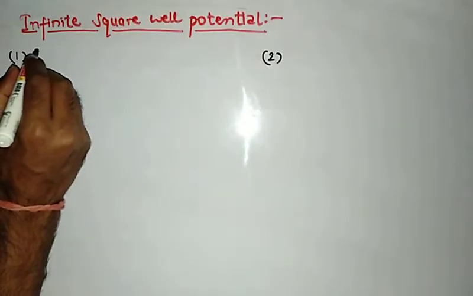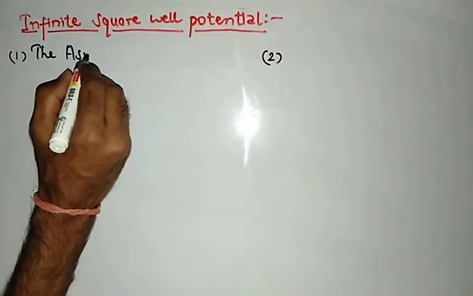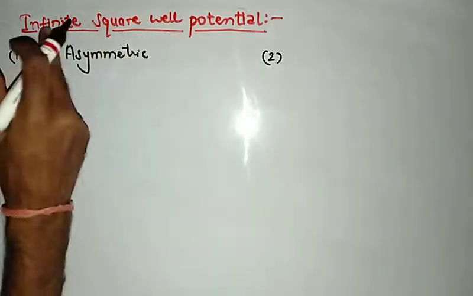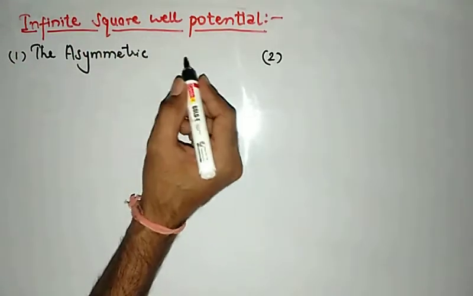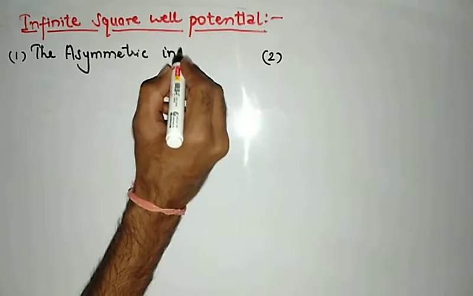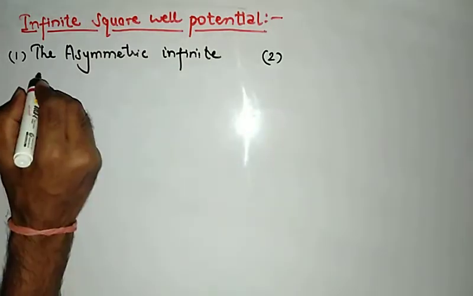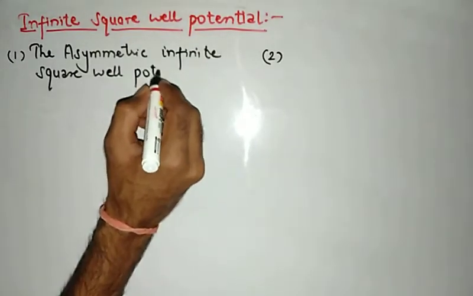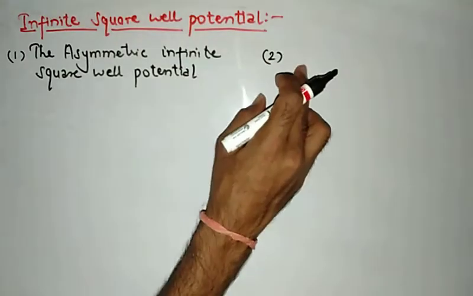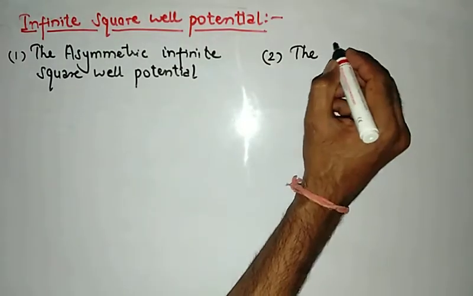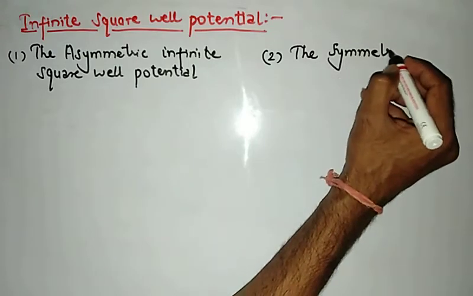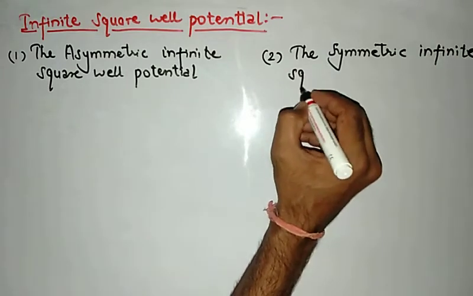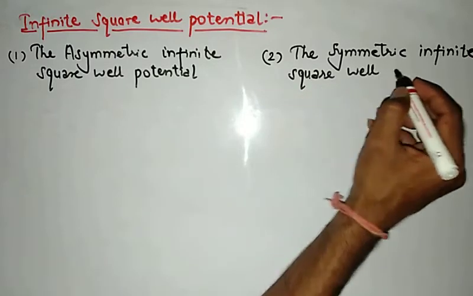First is the asymmetric infinite square well potential, and second is the symmetric infinite square well potential.